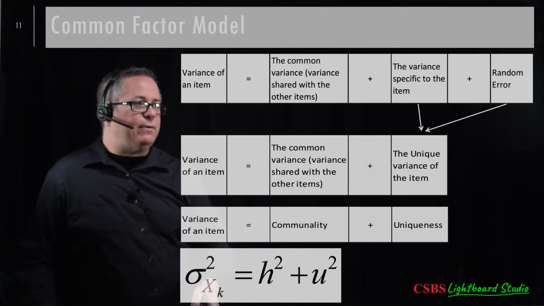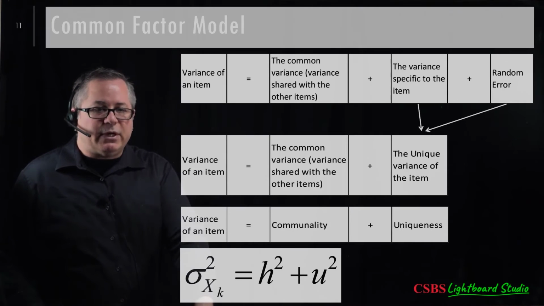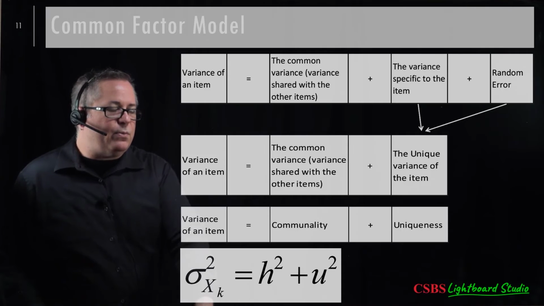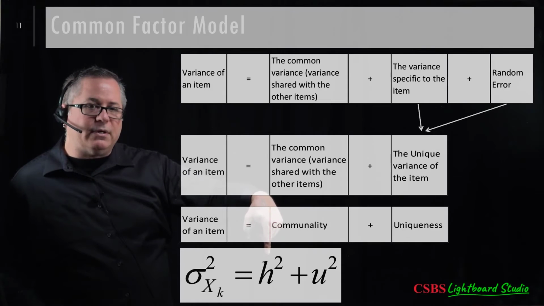That's why it's called the common factor model, the common variance factor model. We're trying to identify the common or shared variance, separate that from unique variance, and we're going to use this common variance as an illustration of how the factor is impacting or predicting all the items. The more common variance there is, the more the factor is influencing all the items, the stronger the loading should be.